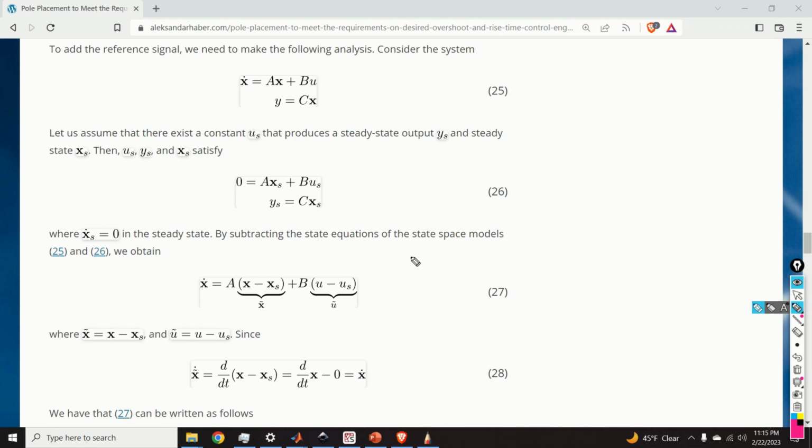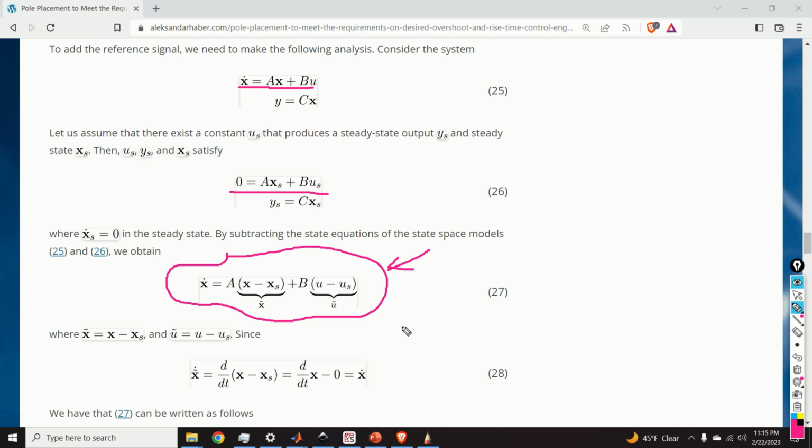By subtracting these two equations, we obtain this state space model. I simply take the state equation and subtract from it, and I obtain this equation over here. Then I define a new state, x tilde, that's equal to x minus x steady state, and u tilde, that's equal to u minus u_s.